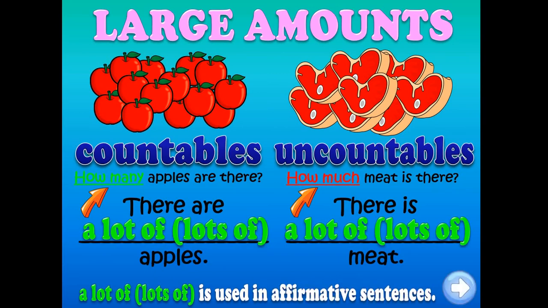According to this slide, you can guess that a lot of or lots of can be used with both counted or uncounted nouns in only affirmative or positive sentences. Right?